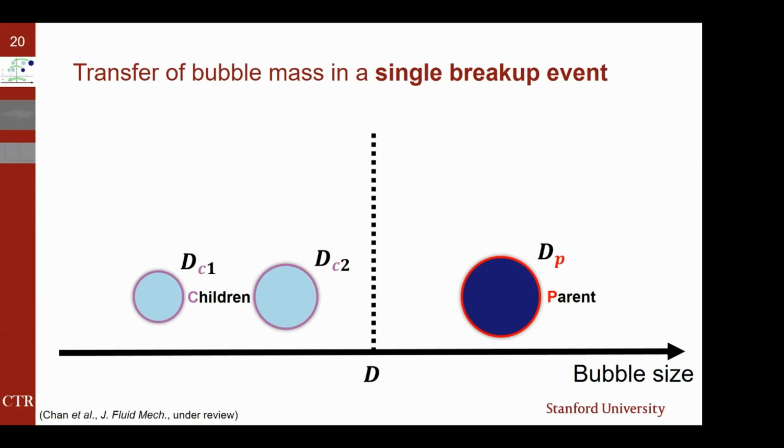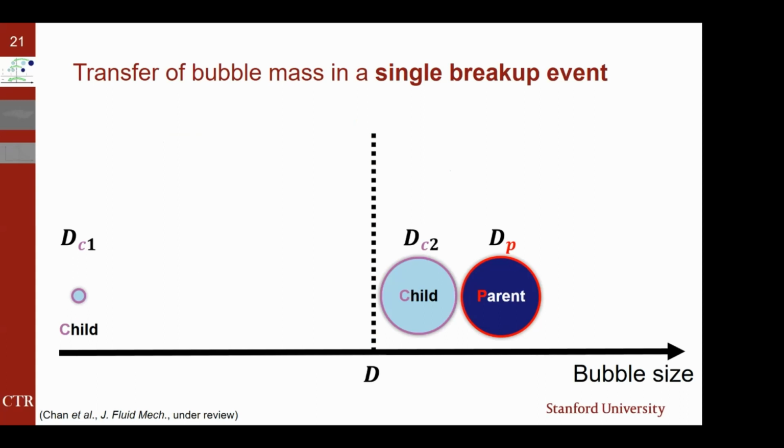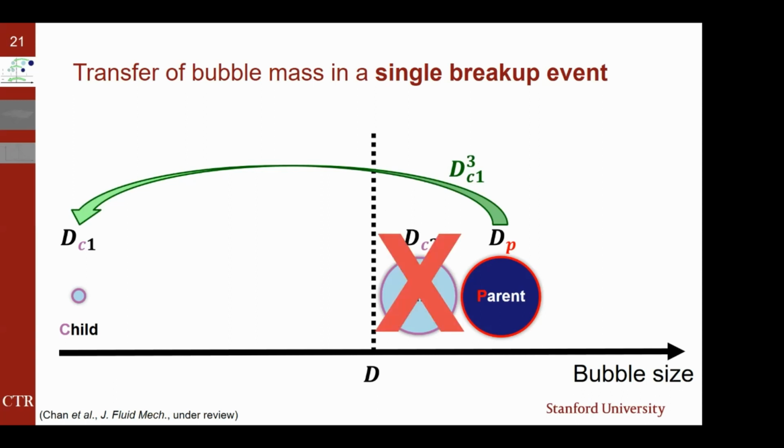Since both children bubbles are smaller than the cutoff, there are two contributions to the bubble mass transfer. But one could easily imagine another event where only one of the children bubbles is smaller than the cutoff. Then in this case, there is only one contribution to the bubble mass flux.